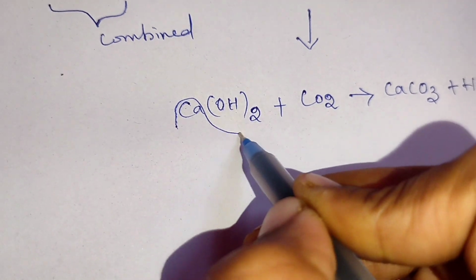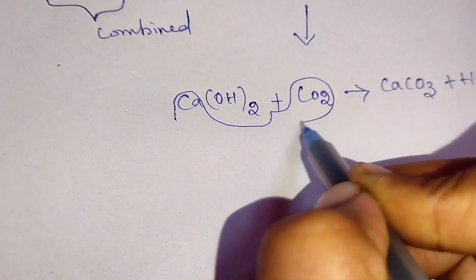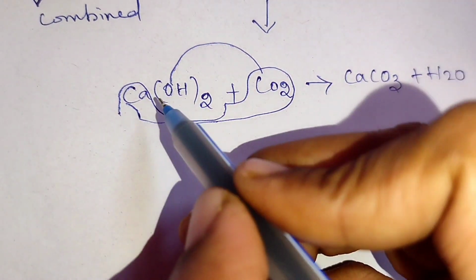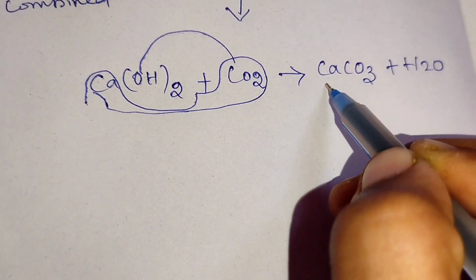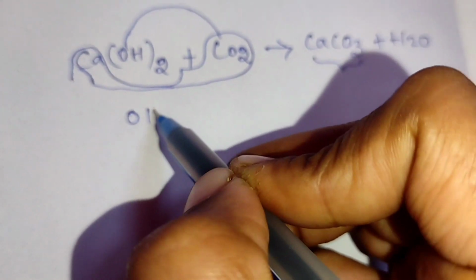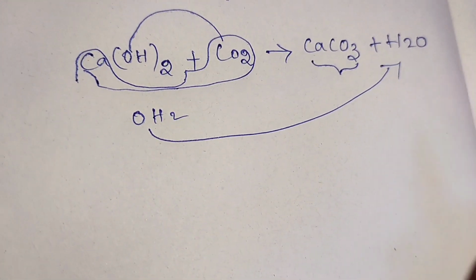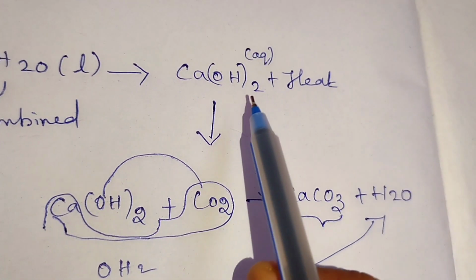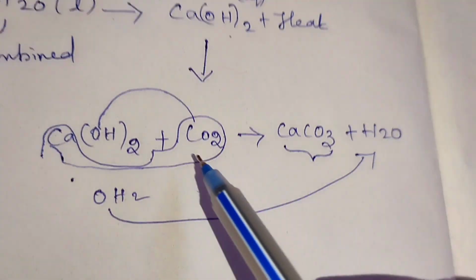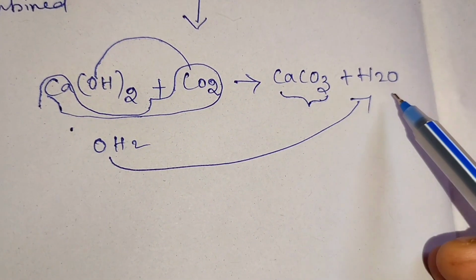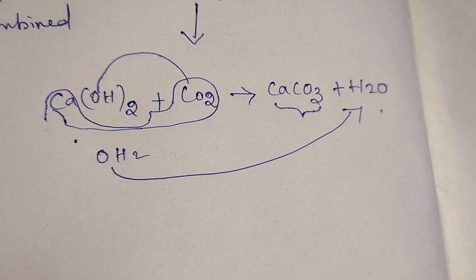This Ca and this CO2, with only one oxygen, react with each other, combine with each other, and form CaCO3. Balance one O and H2, which comes out as H2O. So this calcium hydroxide I took combines with carbon dioxide and gives calcium carbonate plus H2O.